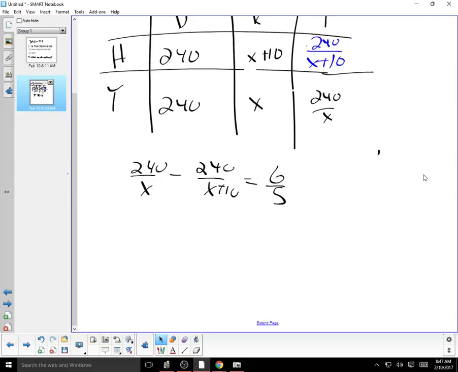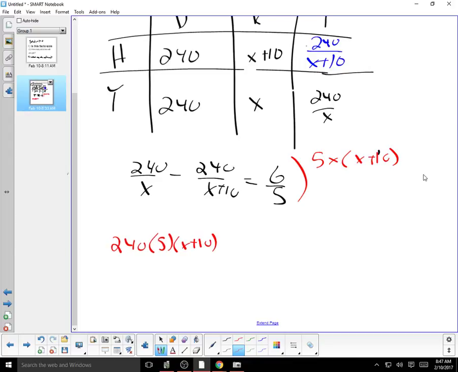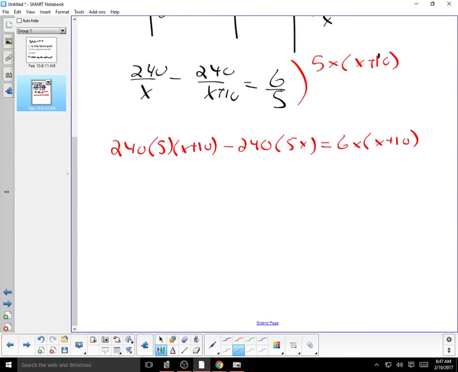Okay. So here we're going to take 5x, x plus 10, multiply it all out. So we've got 240 times 5 times x plus 10 minus 240 times 5x is equal to 6x times x plus 10. What's 240 times 5? 1,200?